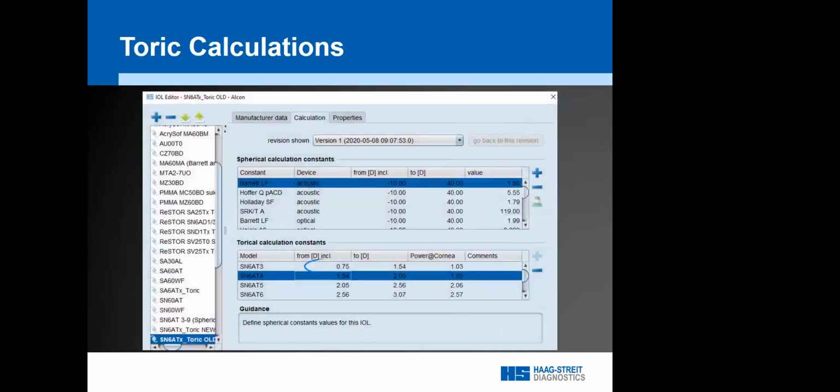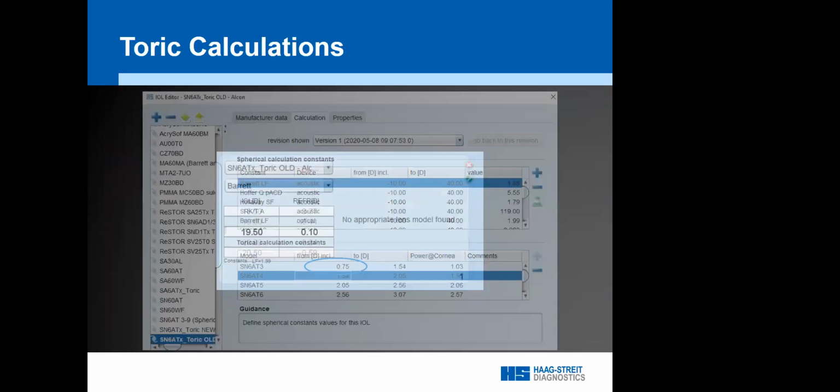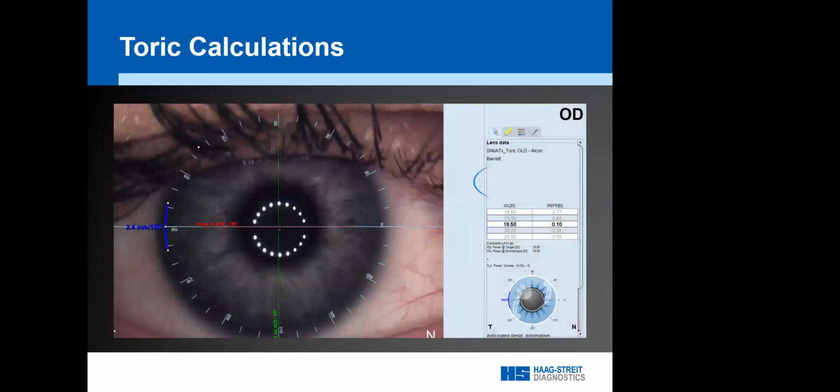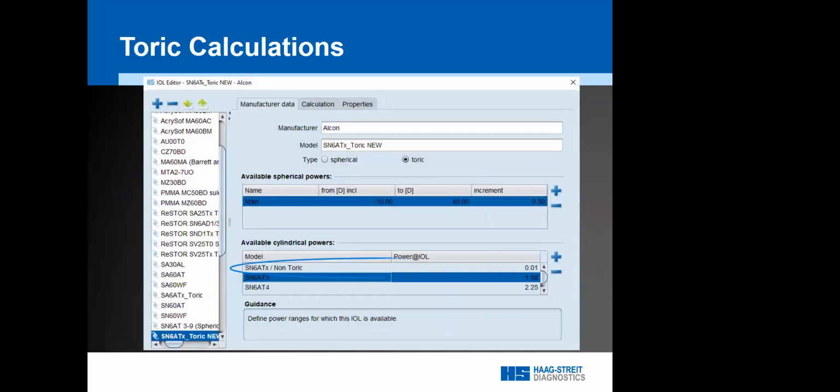Now, we have discovered that if your toric lenses are entered starting at 0.75 or 0.9 diopters of astigmatism, you won't be able to see a calculation with your Barrett toric calculator. And when you open your surgical planner, you're missing those 3 levels of correction, unless you add a non-toric model.